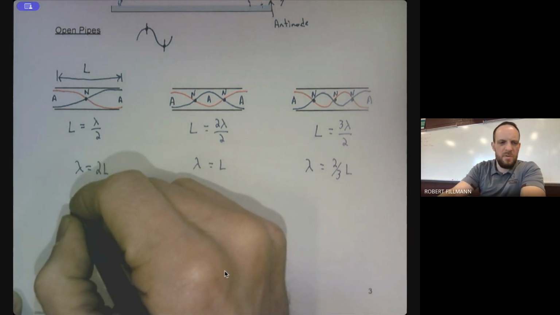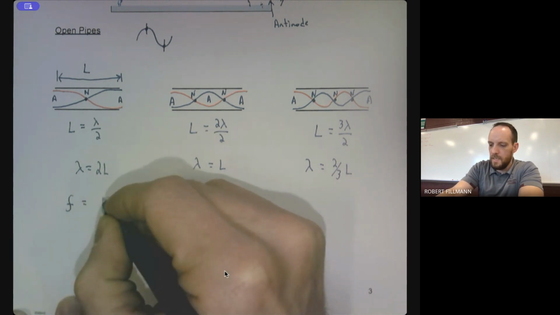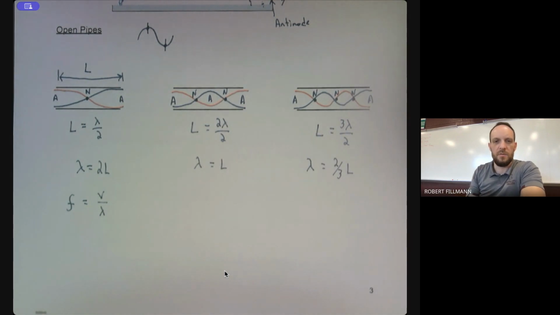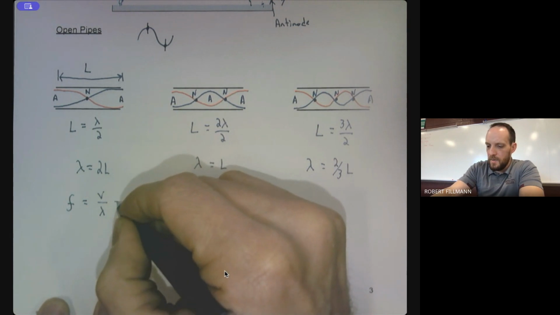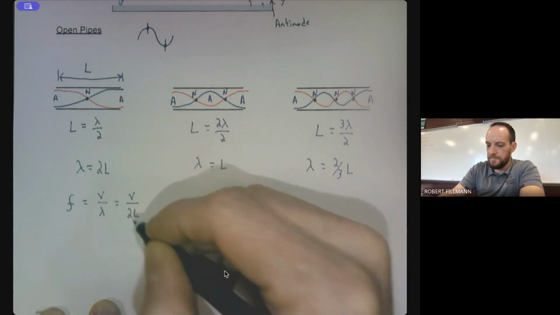Usually it's the frequency we want to know, because that corresponds to the musical note. The frequency of a wave is equal to the speed of the wave divided by the wavelength. Frequency is equal to V over lambda. So since lambda is 2L, the frequency of the wave is the speed of the wave over 2L.